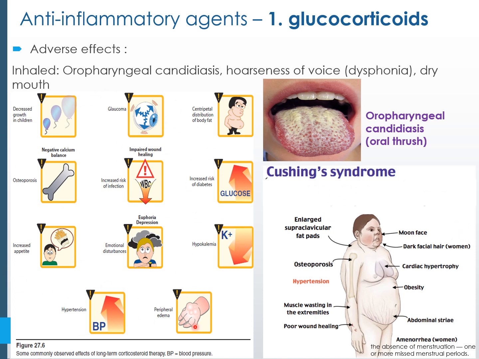You can read here, and one of the common ones is Cushing syndrome. So this is what happens in Cushing syndrome. Usually the inhaled corticosteroid is not really associated with this side effect if the drug is delivered properly and accurately and does not get into the systemic circulation.